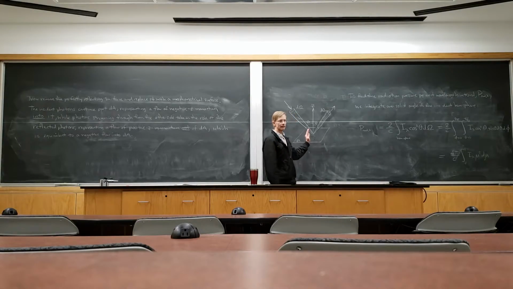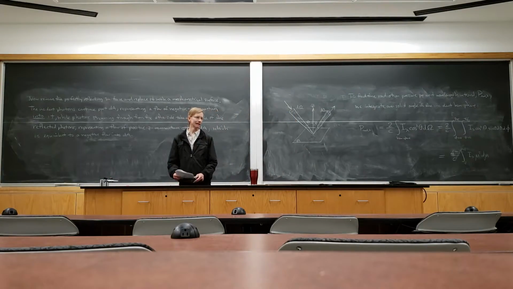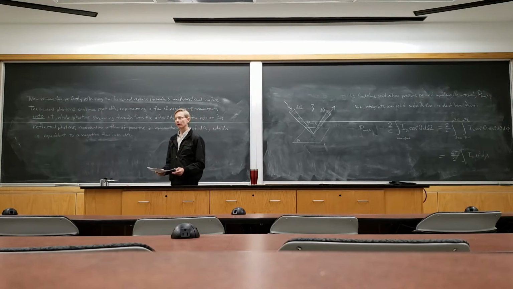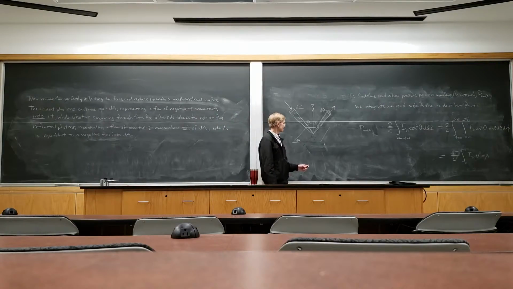We still have the cosine theta because we only want the z component, but we don't have the 2 because we're not talking about P final minus P initial. Nothing, no photon had a momentum added to it.